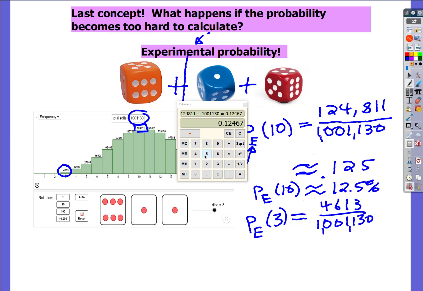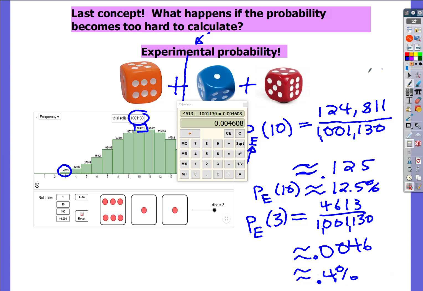So 4,613 divided by 1,130. And we get a much smaller decimal, which will mean a much smaller percentage. We'll round it off there. Which, if you were to do the math on this, use your percentage proportions, you would get 0.4%, or 4 out of 1,000 times.